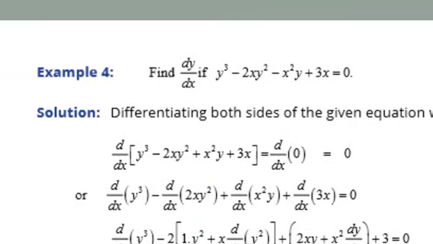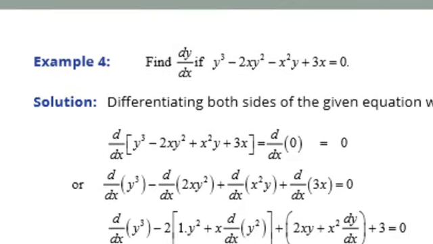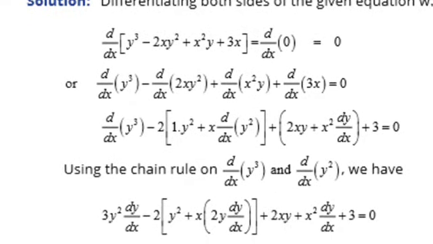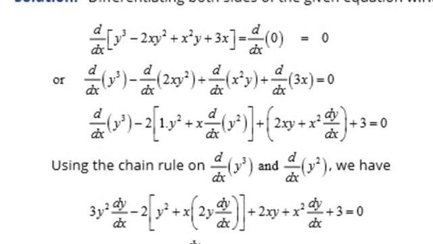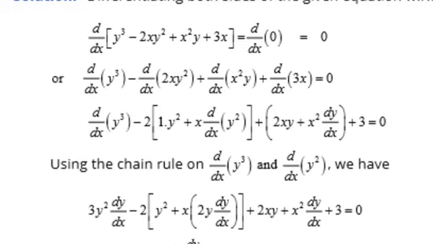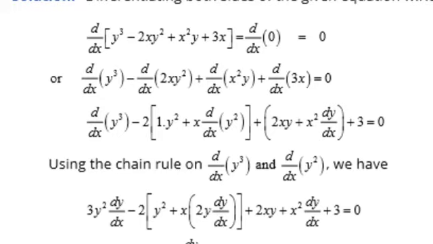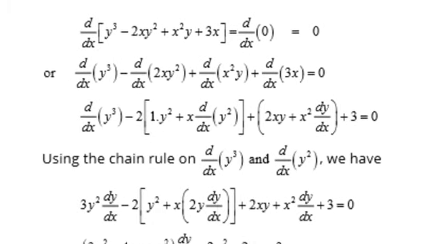Now again we have an implicit equation with y cube. Its derivative is 3y square dy by dx. For the second term, 2x y square, 2 is constant, and we apply the product rule on x y square. The derivative of x is 1, y square is the same, plus x is the same, times the derivative of y square.